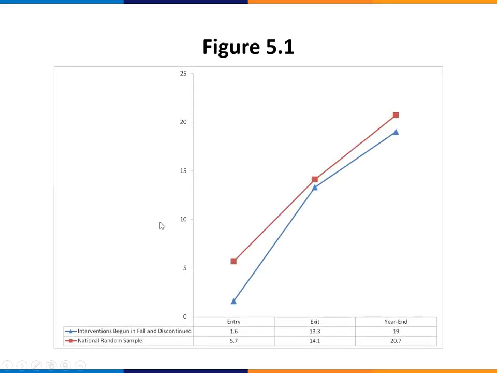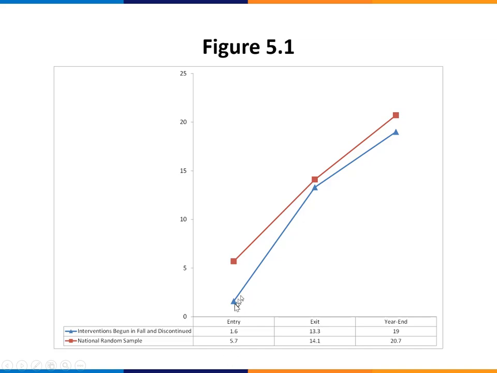Here's an example of figure 5.1. It is showing text reading level at the beginning of the school year, at the end of the intervention, and at year end. Technically, it's entry, exit, year end, but these are first round children, interventions begun in the fall, and specifically we're looking at discontinued children. So the blue line is our first round discontinued children, and the red line is the national random sample.